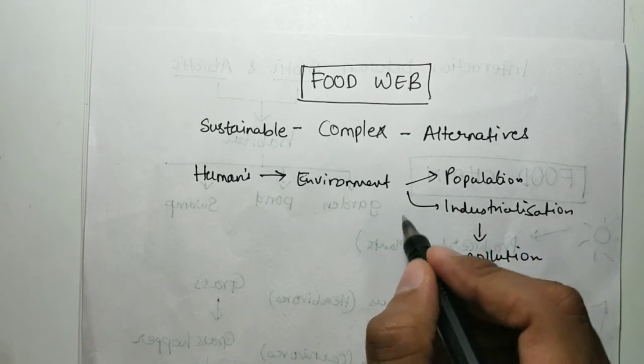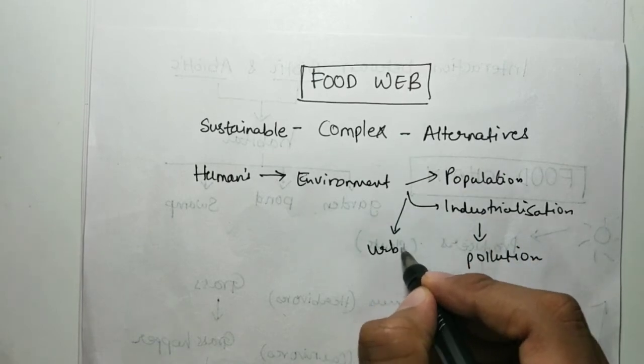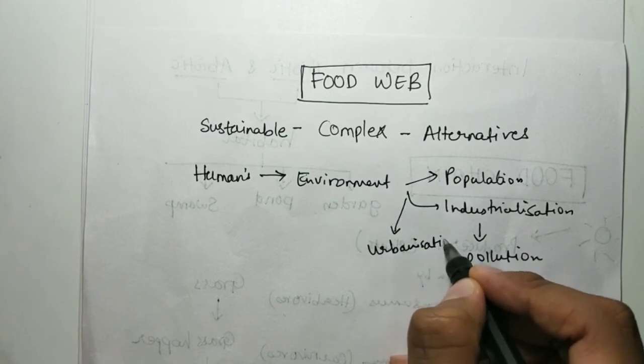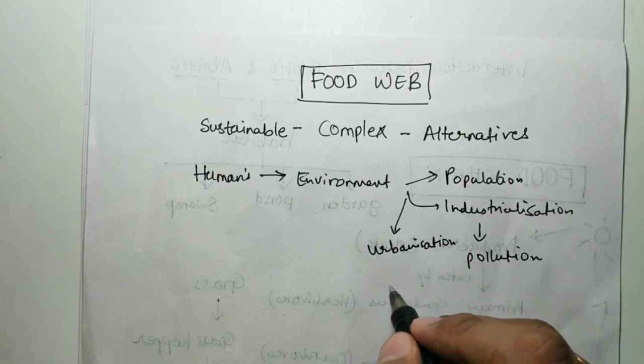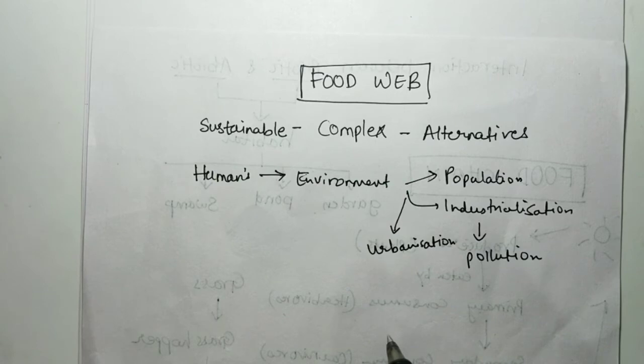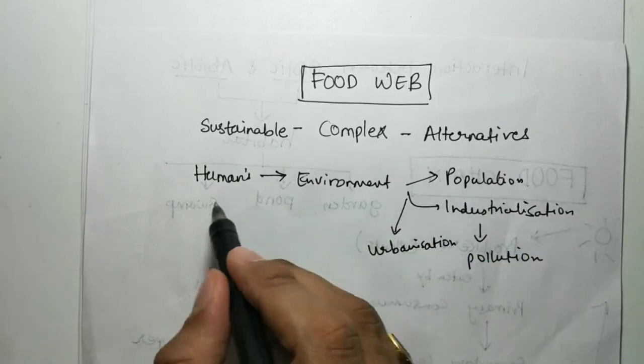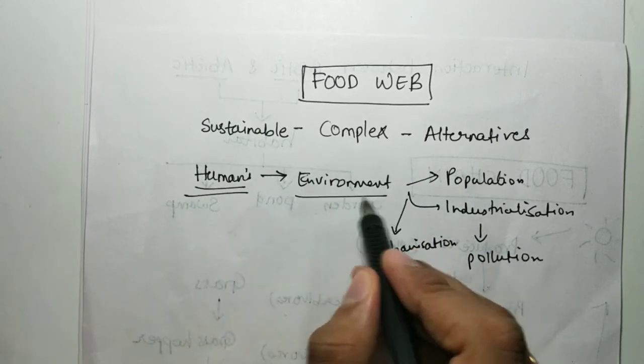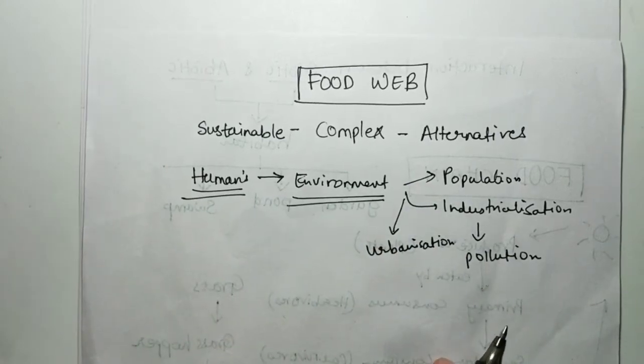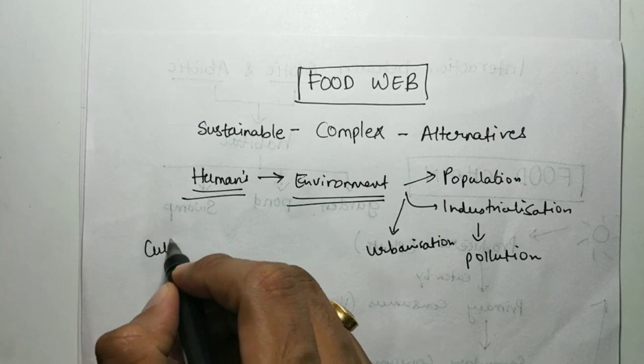Then there is urbanization, means we are cutting trees, cutting forest, cutting mountains, and making buildings for people to live. Okay, so these are all the effects because of which humans are affecting the environment. So this is called the cultural component.